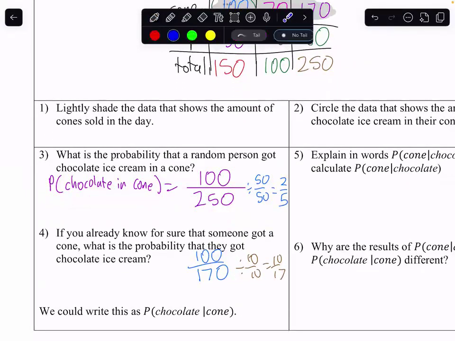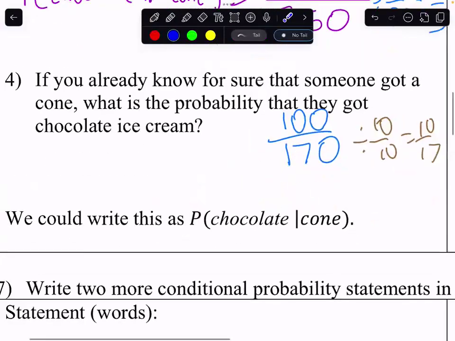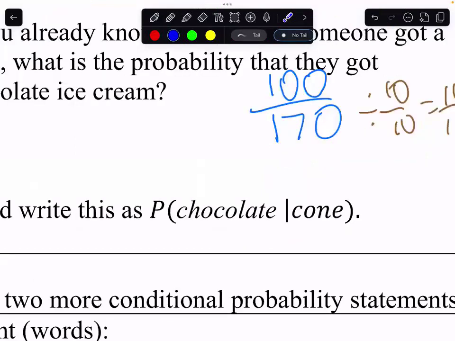Okay, so this sentence, that you know for sure they got a cone, but you want to know if they got chocolate, this is the new notation we use. So probability of. The first thing is the success criteria. Then you have this vertical bar. And then afterwards is what's called the given, the thing that you know happened for sure.